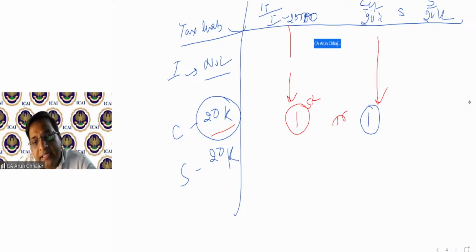It has only ITC of IGST, rupees 20,000. So when C needs the amount, and C's ITC is also 20,000, and I's ITC is also 20,000, my simple question is whether I will contribute first or C will contribute first.